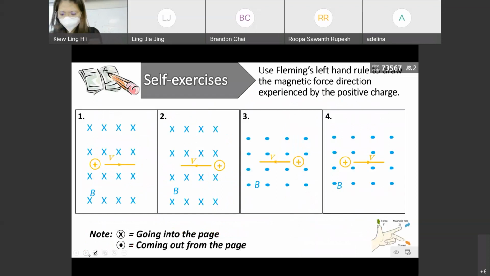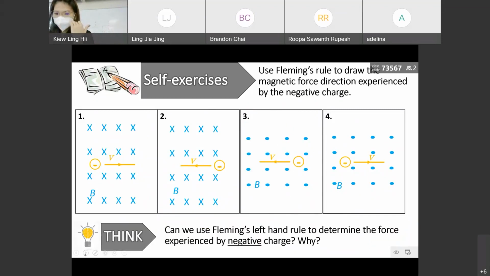So let's go through question 3. B is coming out from the screen, so pointing finger out, middle finger to the left, thumb going upwards, so the force is upwards, because this is a positive charge. Now, how about if it is a negative charge?